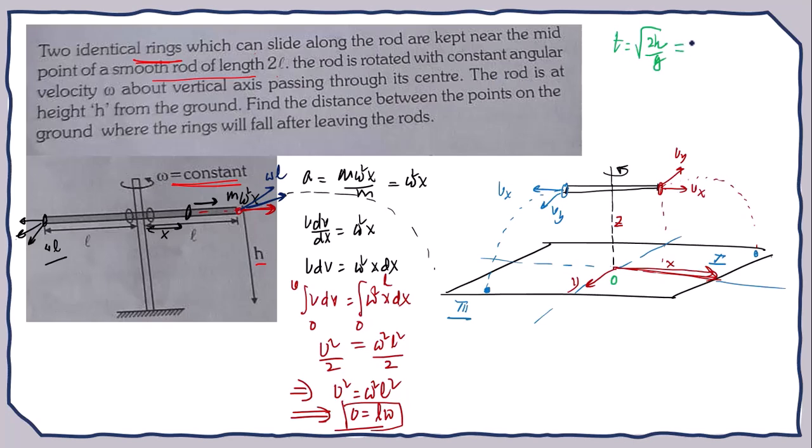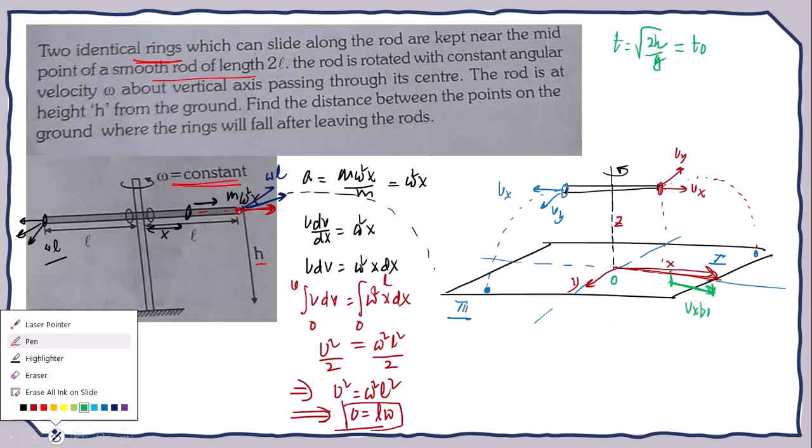Let us say this time is t0. So along x, the particle will move a distance, let us say this coordinate is x0. That is the distance traveled by the ring in the x direction, equal to Vx into t0. Now, we can simplify it further.